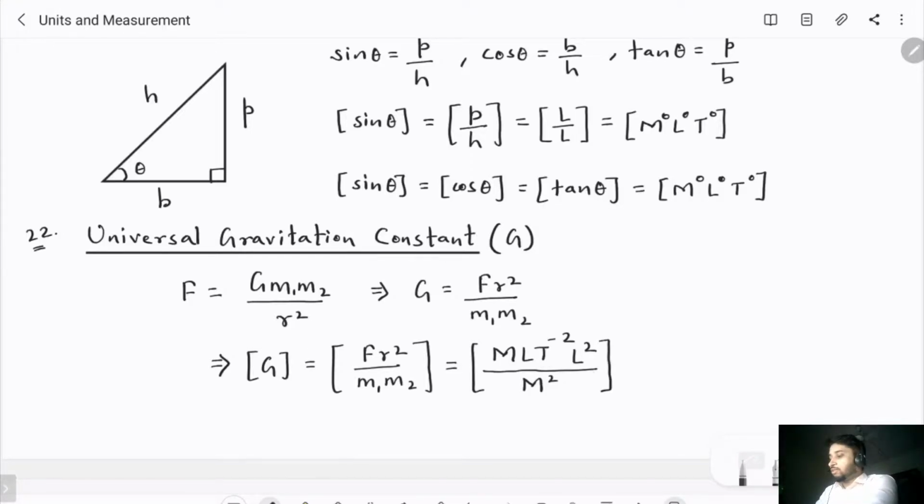If we simplify this, we get M to the power minus 1 L cube T to the power minus 2. So the dimensional formula for the universal gravitation constant is M to the power minus 1 L cube T to the power minus 2.